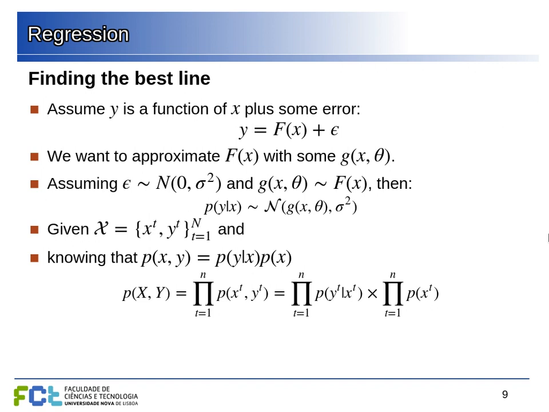So we can rewrite this in this way. This would be the probability of the data that we are observing, of extracting the data from the universe, would be this product of all these conditional probabilities for all the data points multiplied by the probability of x for all the data points. So this is just the basic.